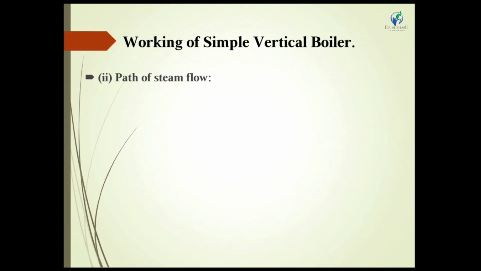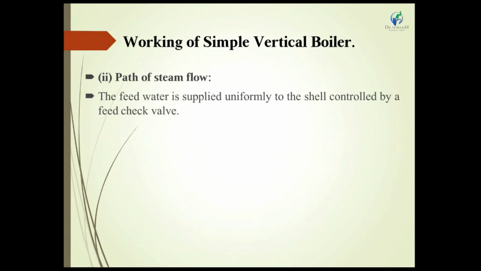Simple vertical boiler. The next path is steam flow. It is divided into two flows, gas flow and steam flow. The feed water is supplied uniformly to the shell, controlled by a feed check valve. It means we have to give the water at the desired level, then produce steam.